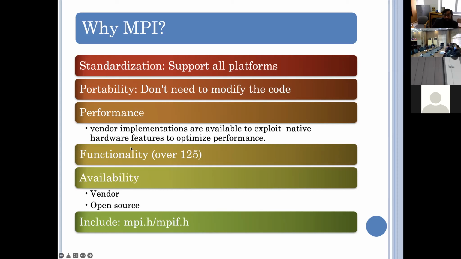Whatever kind of parallel communication you need while converting your sequential code to parallel code, you just need to read the manual and make that call to a function. That is very easy. And for portability, you do not need to modify your code.